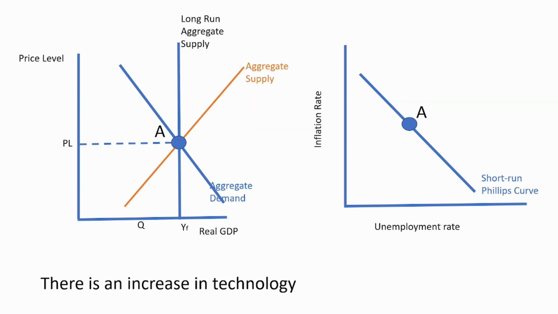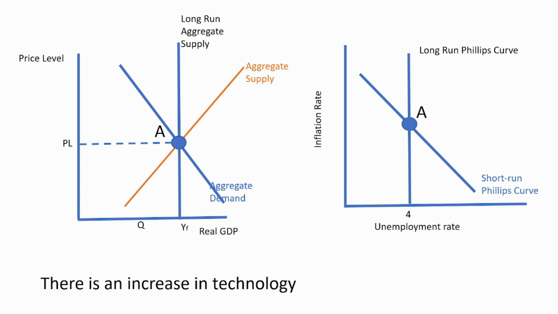Now let's look at what if there's an increase in technology or ability to produce? Well, that's going to cause our long run aggregate supply curve to change. So we have the long run Phillips curve, which is vertical. It's not influenced by inflation or unemployment. We put it at the 4% rate.